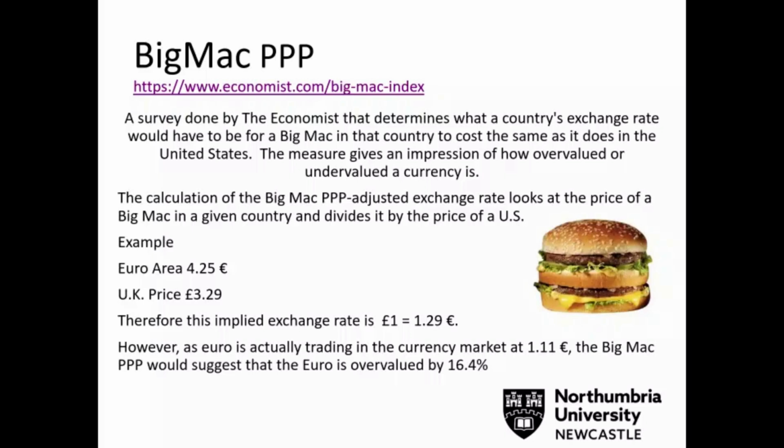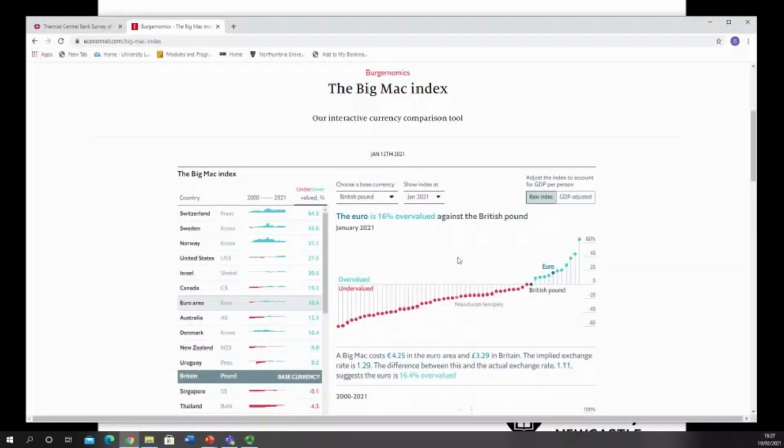Now you can access the Economist Big Mac Index website to explore this in more detail. In order to use this website, you can change the base currency to a currency of your choice. Obviously look at the most recent, or you can look at previous times, and you can see how extensive the history is of the Big Mac Index going back to 2000.